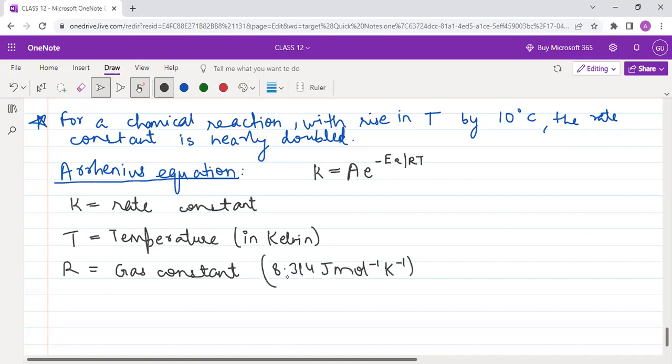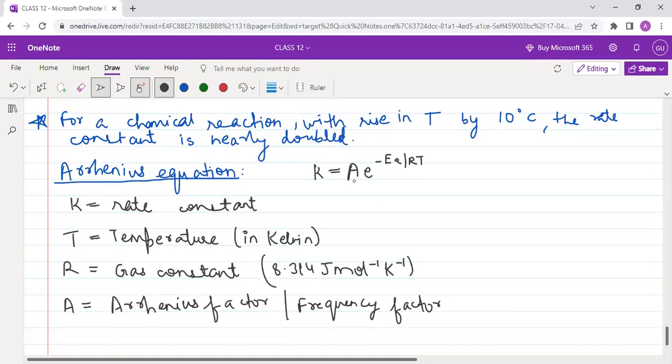Now, A is a factor which is called the Arrhenius factor, or it is called the frequency factor. These names you have to remember. And you can observe that this A factor is coming before this exponential term.